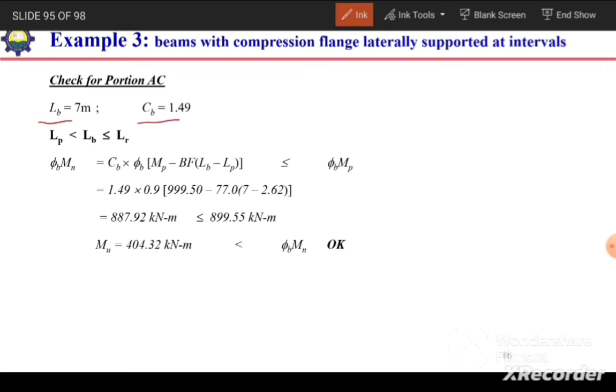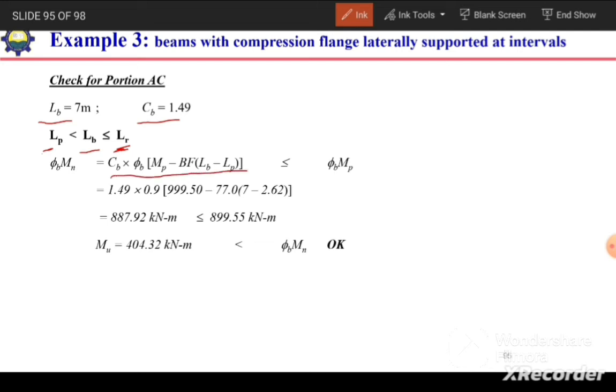Here LB is 7 meter and it is more than this LP, which is 2.62, and LR is 7 point something. So LB is greater than LP but less than LR. So we are again in the inelastic lateral torsional buckling range.